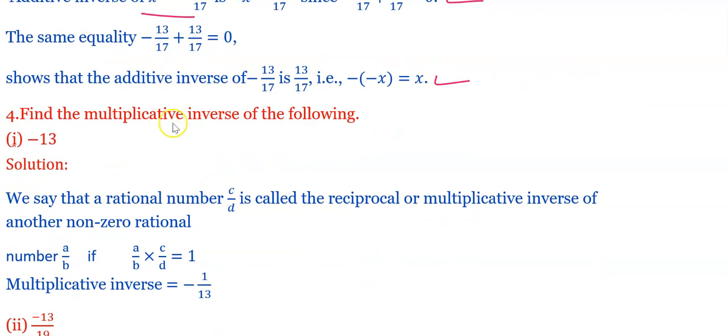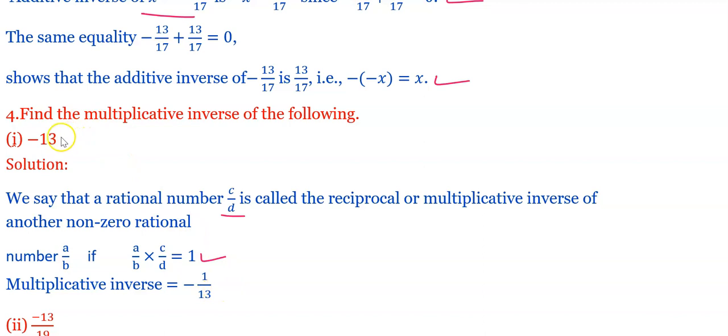Next, this is very simple. Find the multiplicative inverse of the following: minus 13. Now we know that if we have the rational number c upon d, it is called the reciprocal or the multiplicative inverse of any non-zero rational a upon b if a upon b into c upon d equals 1.